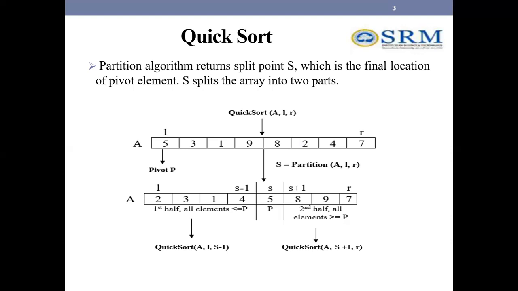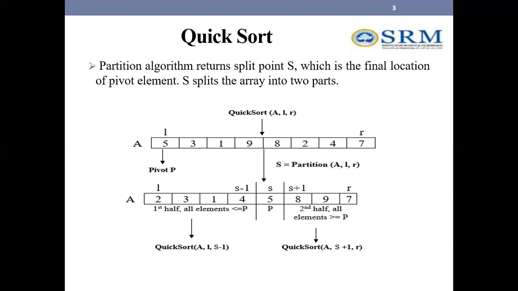So here S is equal to partition. The partition algorithm returns the location where the pivot element can be stored. That is the split point. See here, after the partition algorithm, the array is divided into two halves. The 5 is placed at split point S. Before S, the left subarray, the range is 1 to S minus 1.